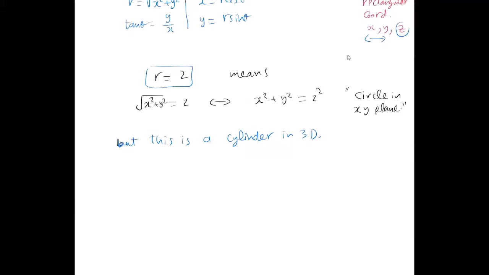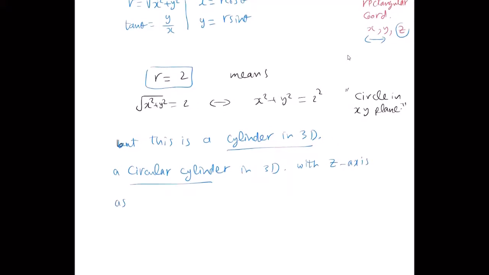The same circle is the base in the xy plane, but it's a cylinder whose axis is parallel to the z axis. A circular cylinder in 3D with the z axis as the axis of the cylinder.